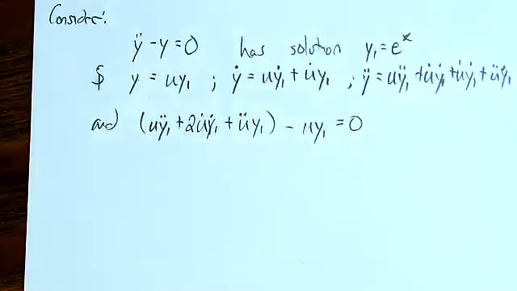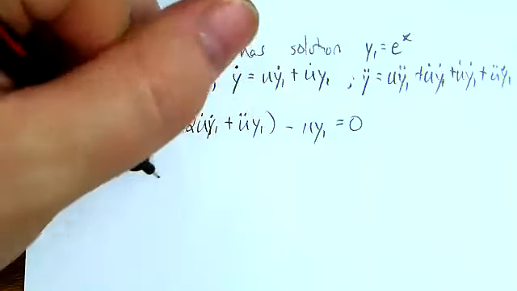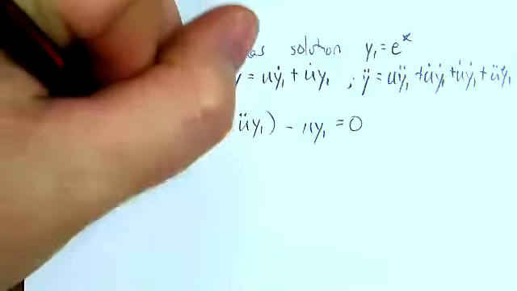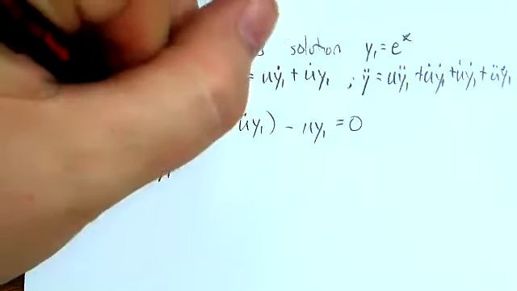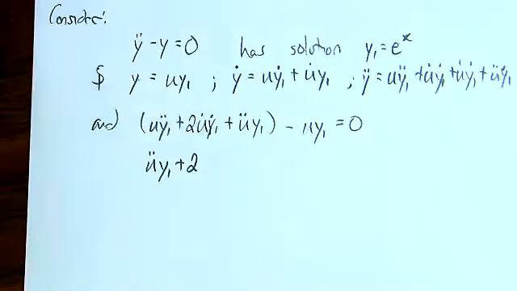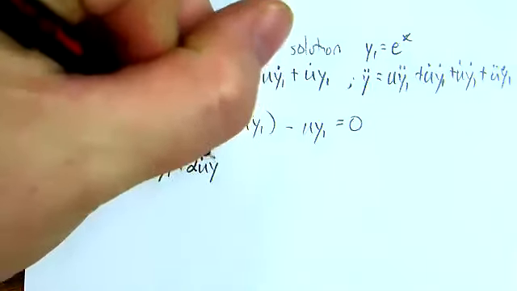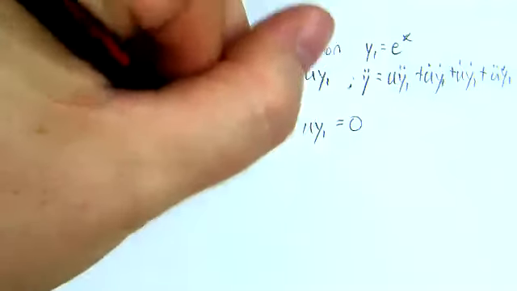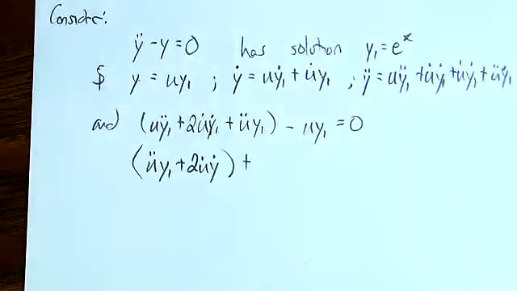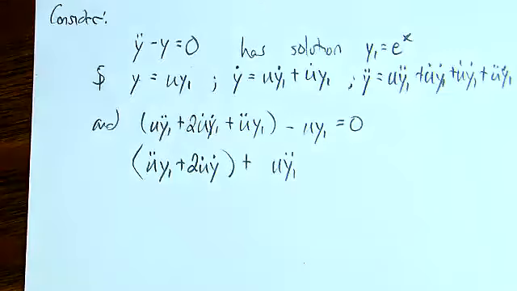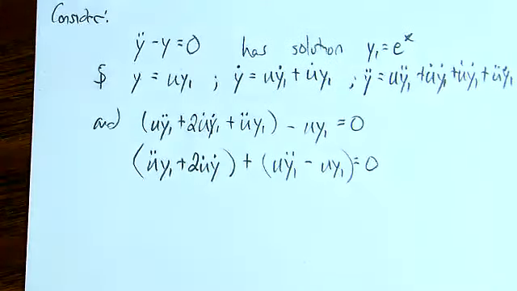Grouping the terms here, we get u double dot y1 plus 2 u dot y1 dot plus u y1 double dot minus u y1 equals 0.